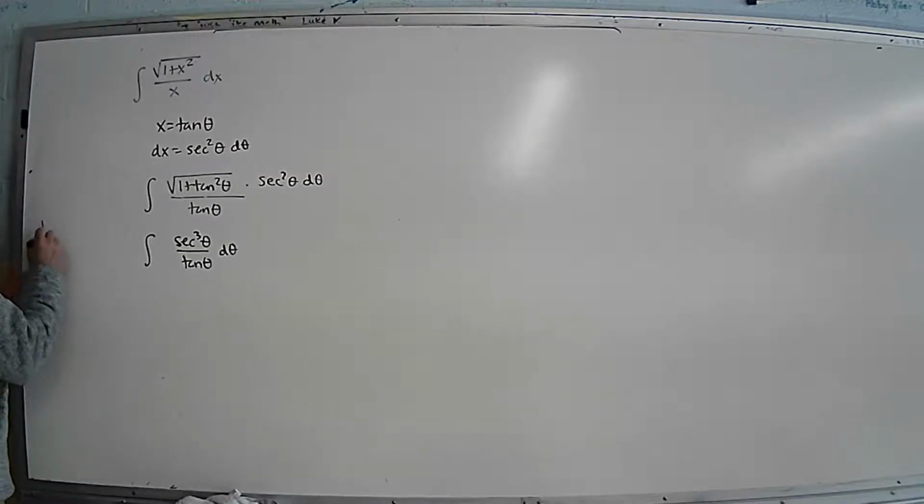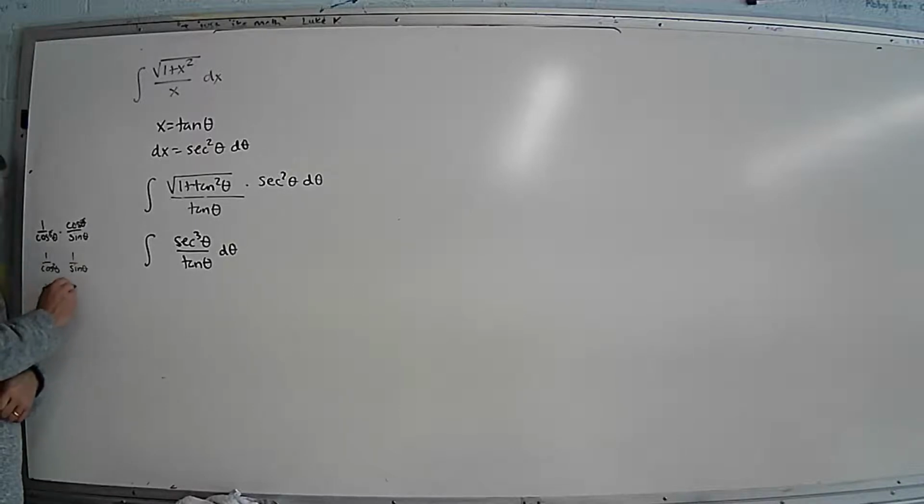So 1 over cosine cubed times cosine over sine. Doing this off to the side, that's 1 over cosine squared times 1 over sine. 1 over cosine squared is secant squared. 1 over sine is cosecant. So I have secant squared times cosecant. That's what that becomes. Is that helpful?